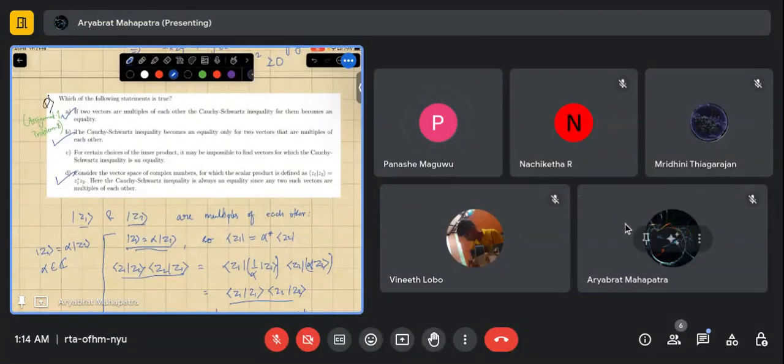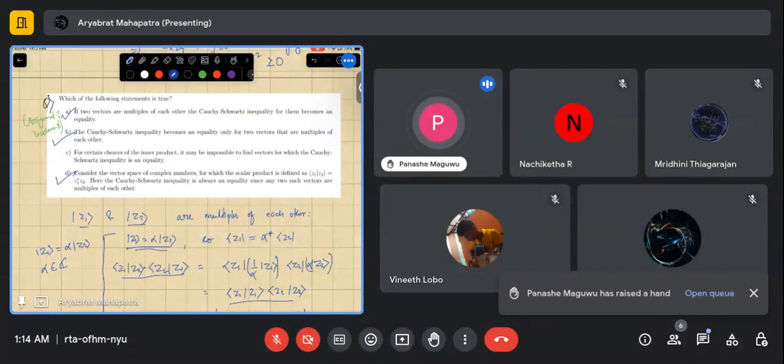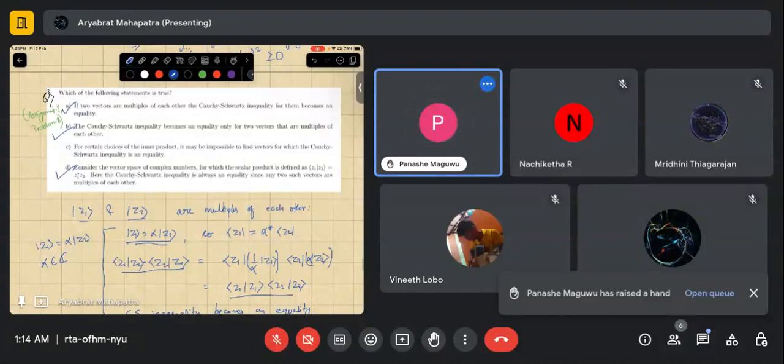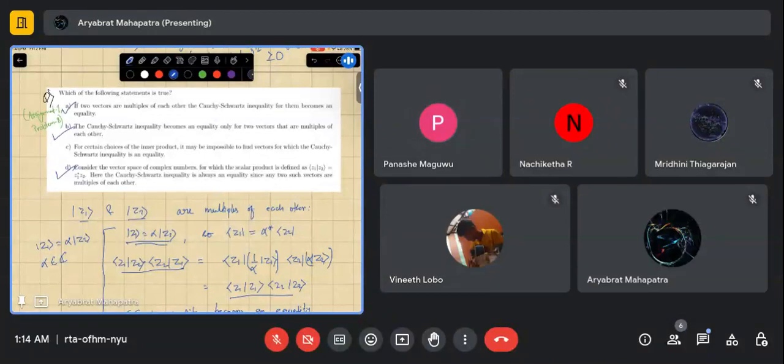Sir, can you elaborate more on option C? Option C says that for certain choices of inner product, it may be impossible to find vectors for which the Cauchy-Schwarz inequality is an equality. It is telling that we may have other definitions of inner product, like the one we saw in the previous question.